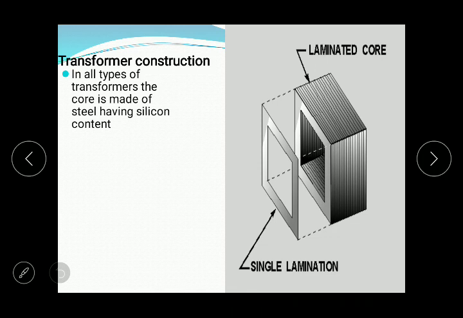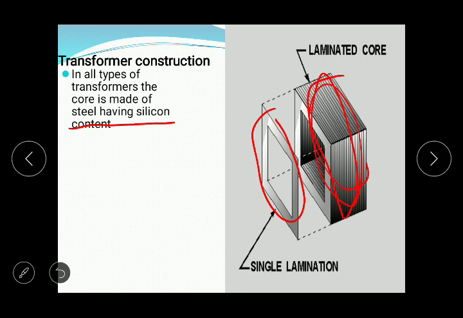In all types of transformer, the core is made of silicon steel, that means steel having silicon content.